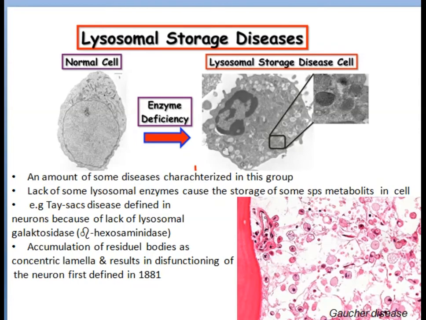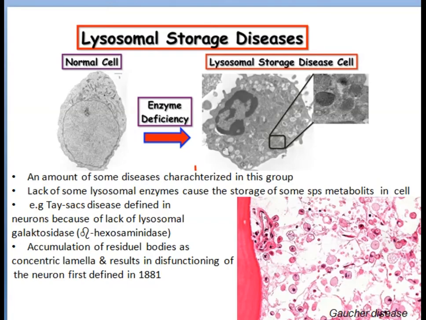Here we can see examples such as Gaucher disease, and Tay-Sachs disease, defined in neurons because of lack of lysosomal galactosidase, hexosaminidase, and accumulation of residual bodies as concentric lamellae, which results in dysfunction of the neuron. This was first defined in 1881.